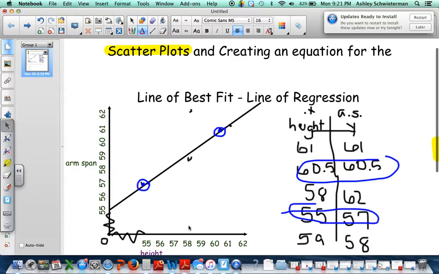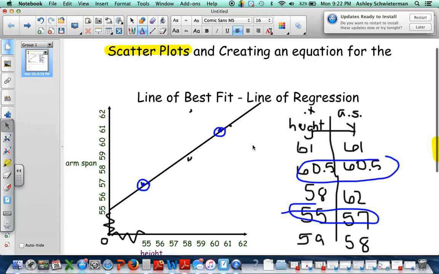So as the x is increasing, the y is decreasing. There's negative slopes, so there's negative correlations. There's not a vertical line correlation, and there's not a horizontal line correlation. But there is one other type. It's called no correlation, where it's just a bunch of scattered points. So there's your 3. Positive, negative, or no correlation.